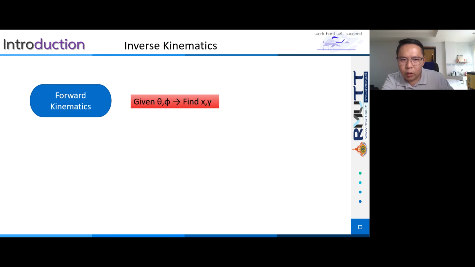For the forward kinematics, it means that given theta and phi, find x and y.